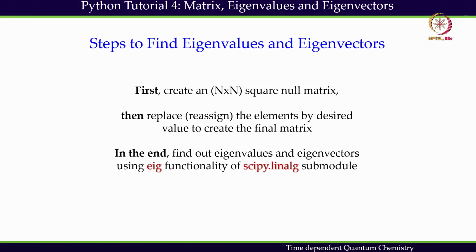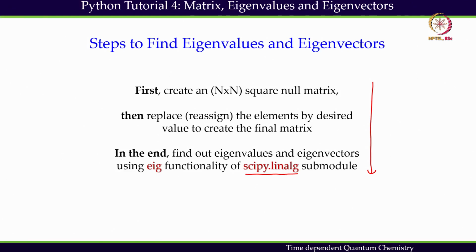There are several approaches available currently in the SciPy linear algebra submodule to find the eigenvalues and eigenvectors of a square matrix. There are many other ways one can do that, but here we will consistently use these steps to represent a matrix and then find its eigenvalues and eigenvectors.